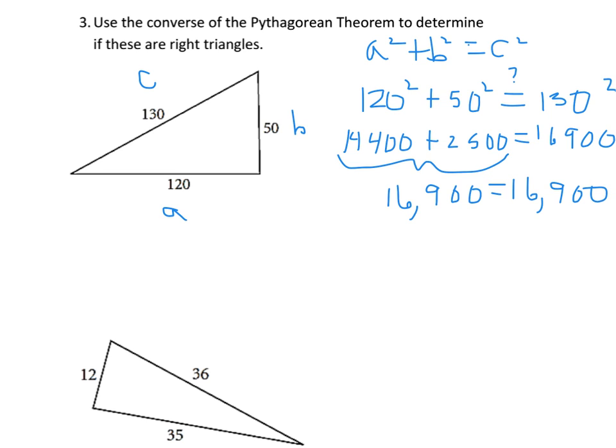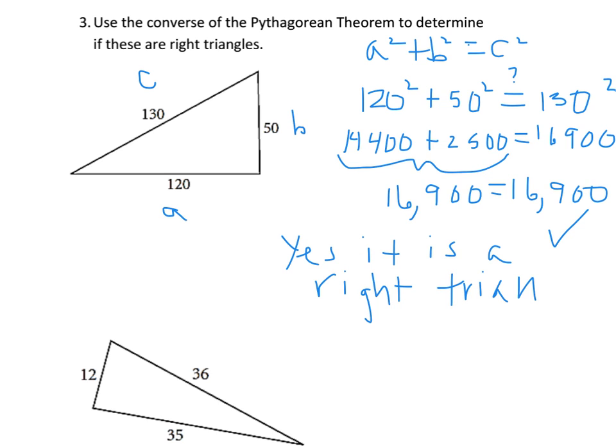We've simplified it all the way. We got a true statement. That is true. So yes, it is a right triangle. So then we could go ahead and put the 90 there.